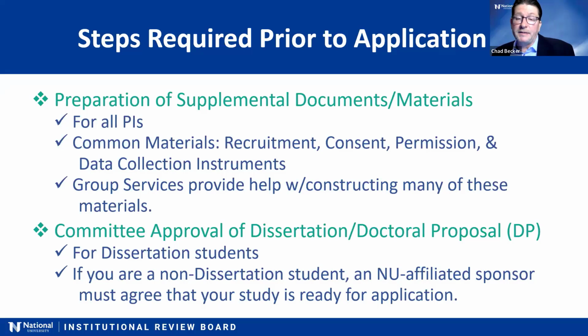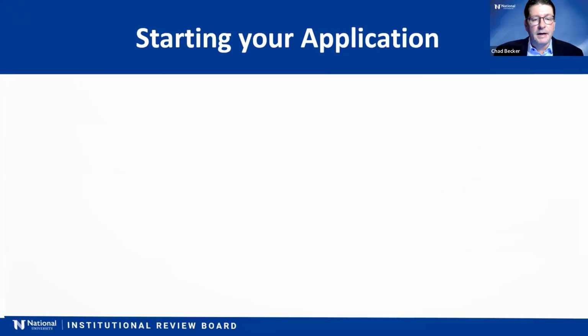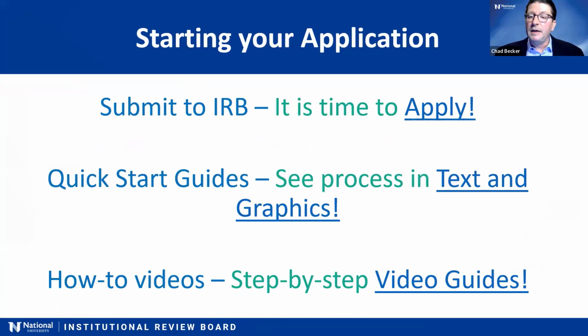And we also see applications from non-dissertation students who would need an NU-affiliated sponsor to act as their chair-like person on the study to oversee the study and be part of your application. If you have these 2 things, you can apply to us. And sometimes that confuses folks because they think that they need to be in a certain course or at a certain point in their program to come talk to us, come utilize our resources.